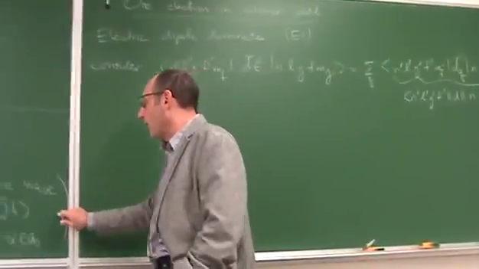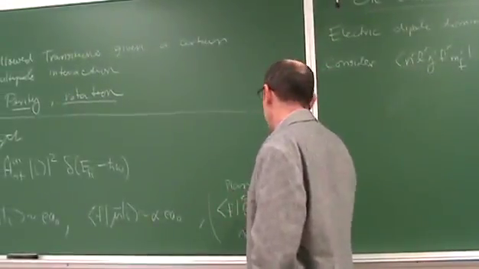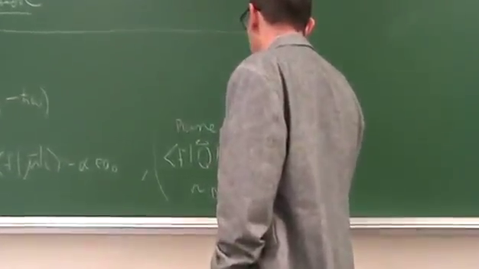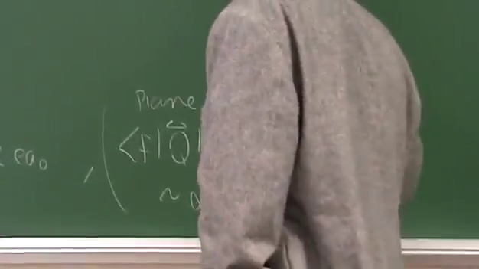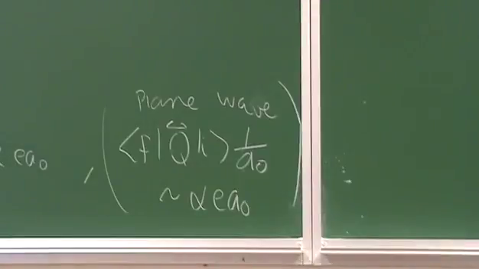Now this isn't quite right what I've written here. Of course, this interaction depends also on 1 over the characteristic dimension, because it depends on the gradient of the field in a quadrupole transition.